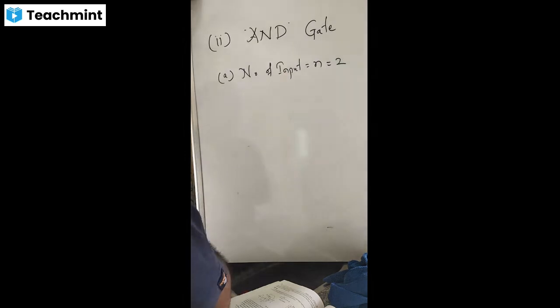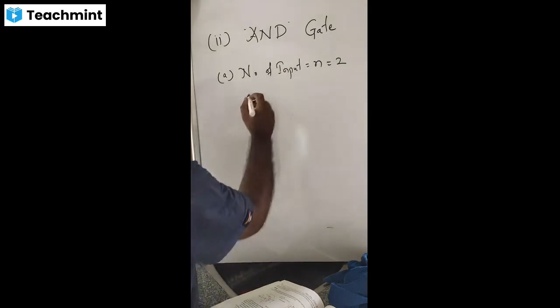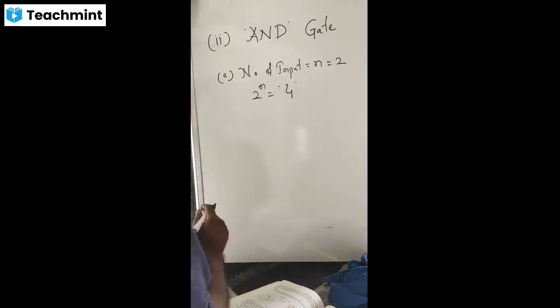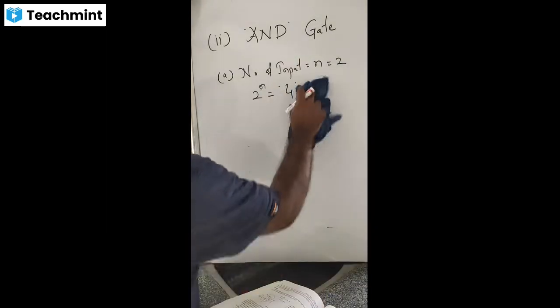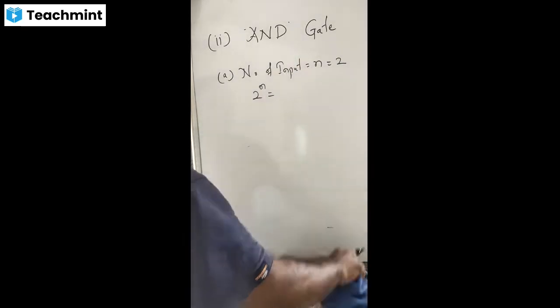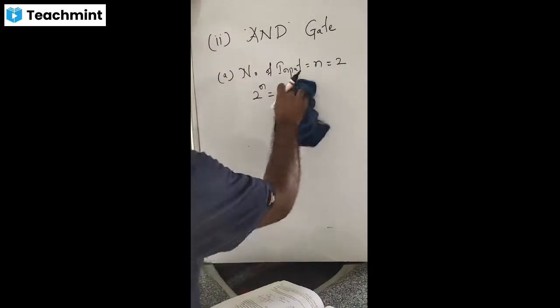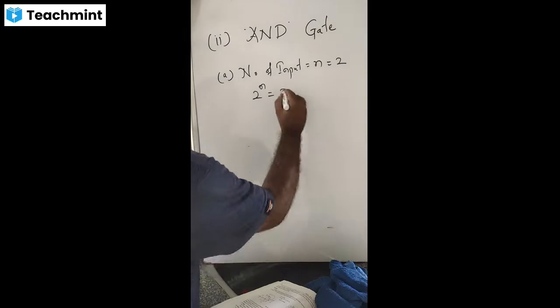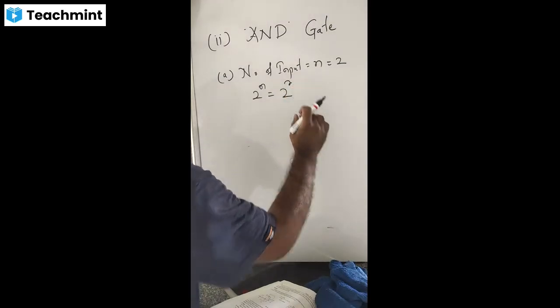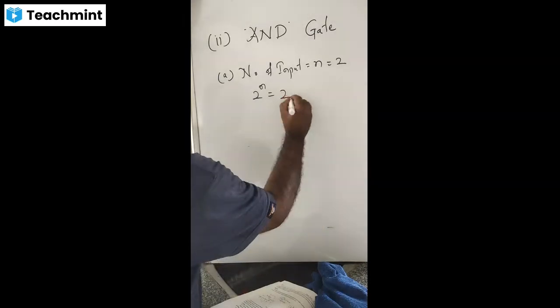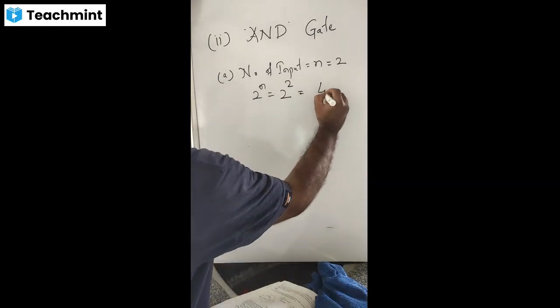Then possibilities, again factor: 2 raised to n, then 2 raised to 2, 4 operations.